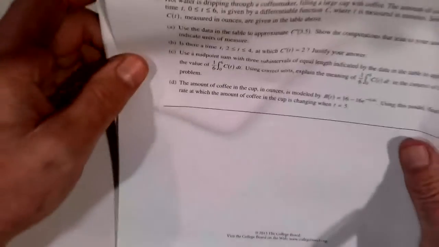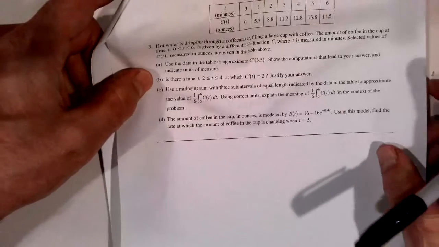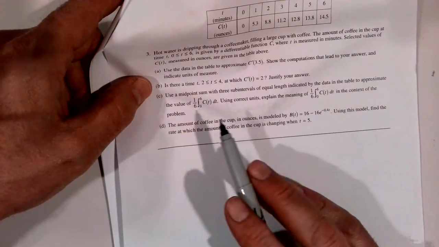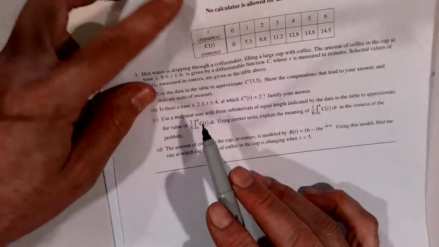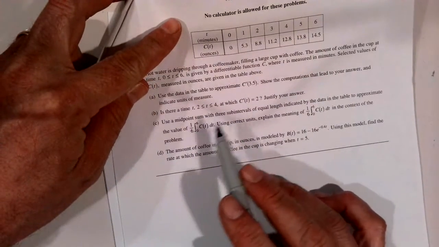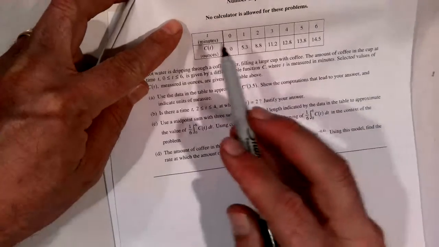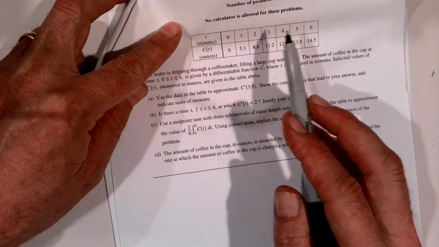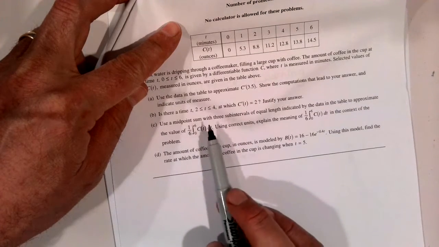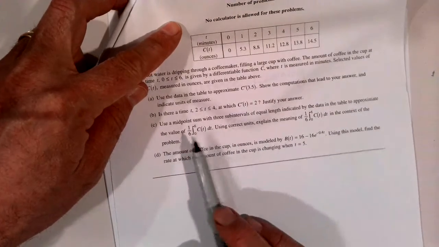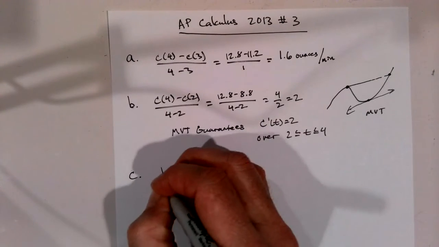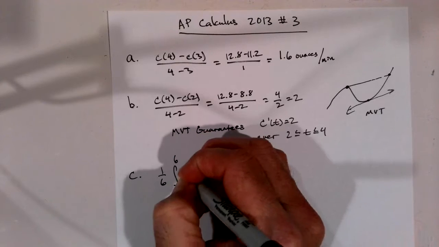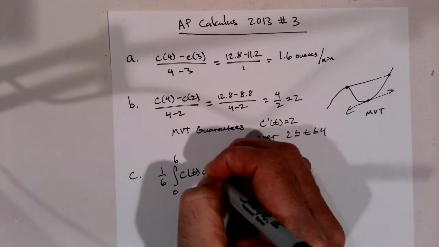Problem C. Use the midpoint sum with 3 subintervals to approximate the value from 0 to 6. So if we're using 3 subintervals from 0 to 6, that means the width of each one is 2. So 0 to 2, 2 to 4, and 4 to 6. And it says use the midpoint, okay? So what we do is we do 1 over 6 times the integral from 0 to 6 of C of t dt.